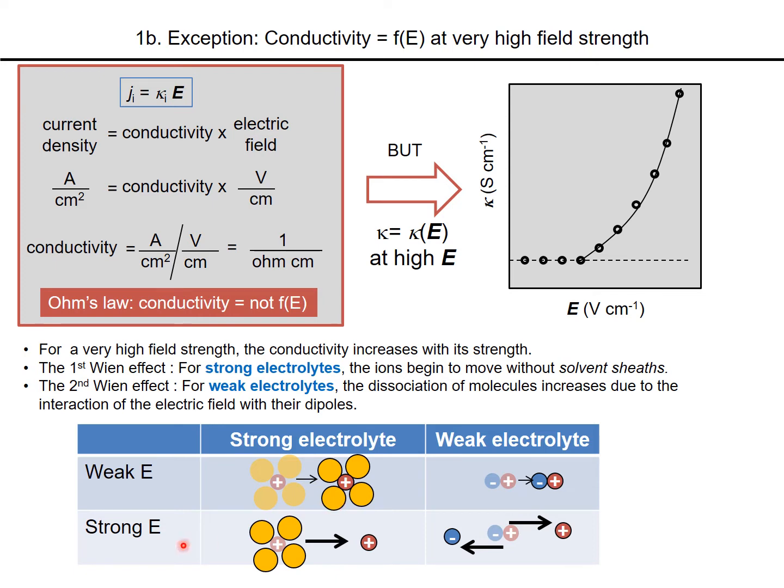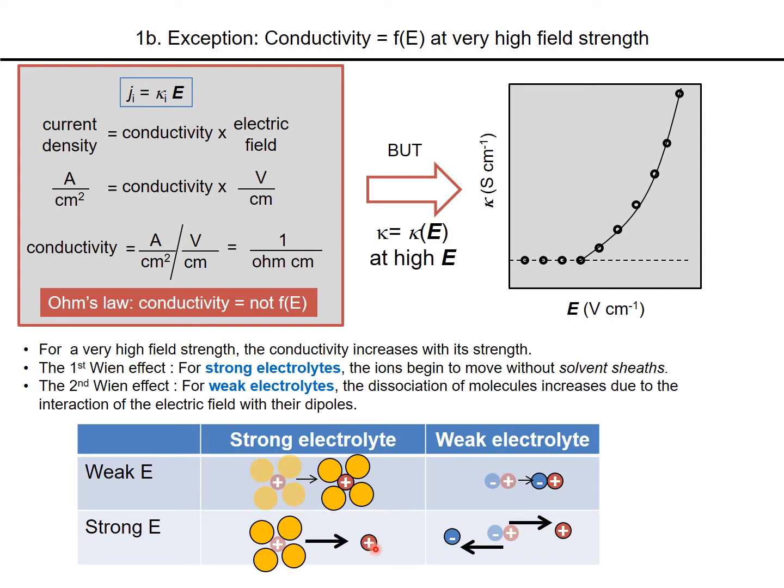However, when you apply a strong or high electric field to the system, the cations originally surrounded by solvent molecules go away from their hydration shell. So the charge carrier is just the cation, not the solvated cation.